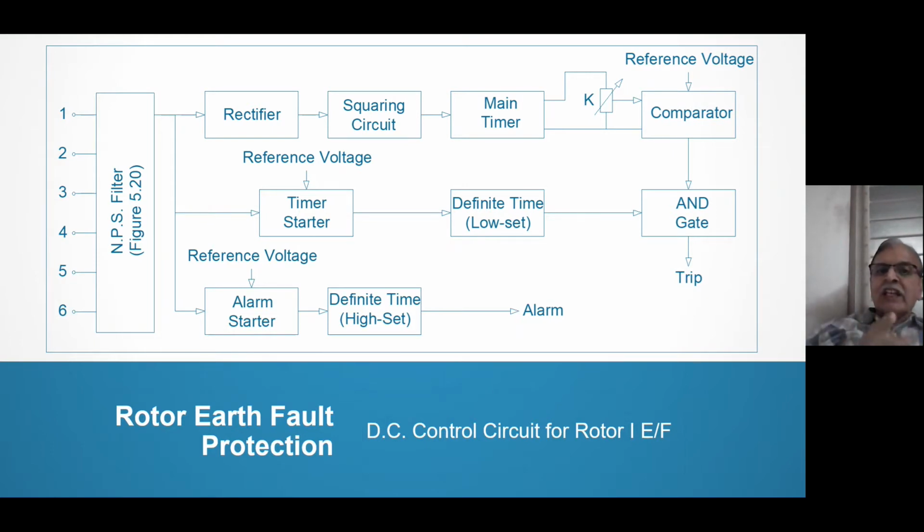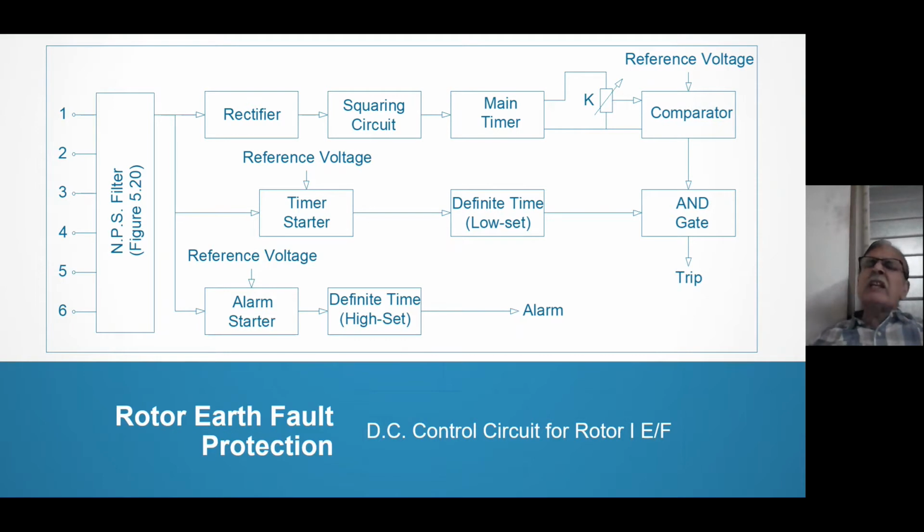On the other side, that rectifier has given a DC signal, which is passed through a squaring circuit, because the heat produced is I2 squared. We have received I2 and we are squaring it, and I2 squared T, so we have to integrate with T. So the main timer is integrated and compared with K. This K is I2 squared T equal to K. K is a constant, and that constant is different for different generators.